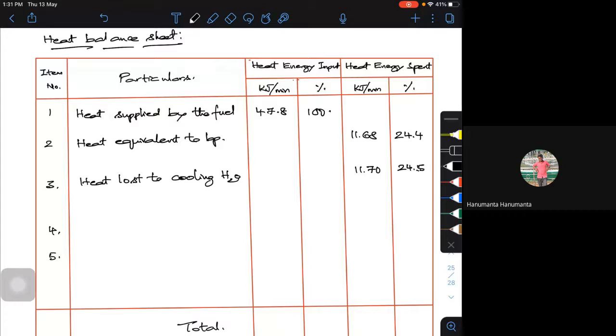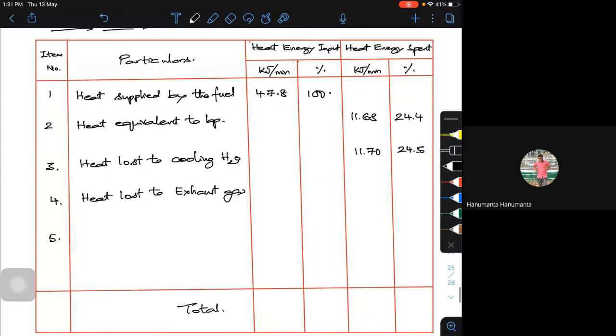Then heat lost to exhaust gases, which is 13.9 kilowatts. I should change the units: kilojoules per minute to kilowatts, or kilojoules per second. So 13.9 divided by 47.8, I am getting around 29.1%. Round it to 1 decimal.